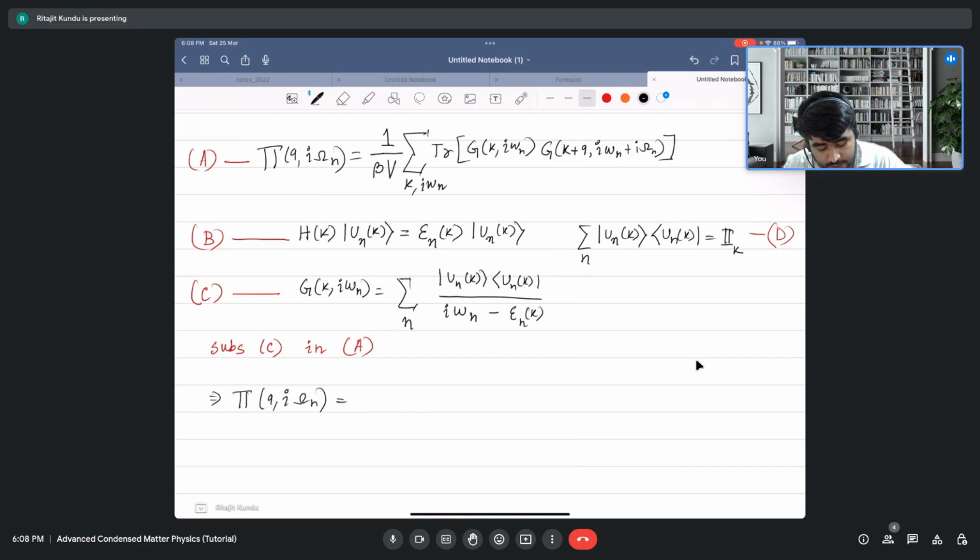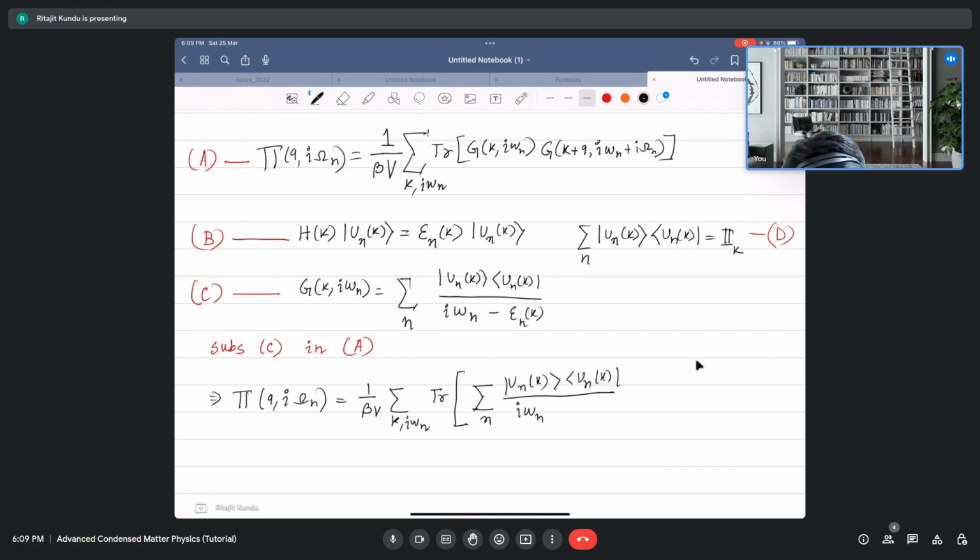Now this is given by 1 over beta V, sum over k and i omega_n, and inside the trace I will just put these expressions: the summation over n of |u_nk><u_nk| outer product, and then you have i omega_n minus epsilon_nk.